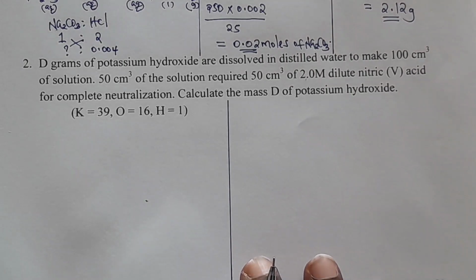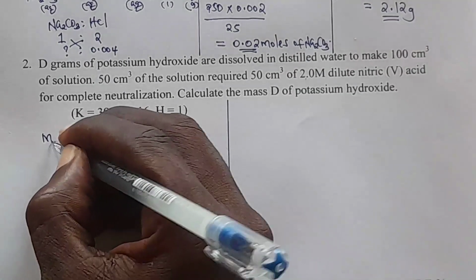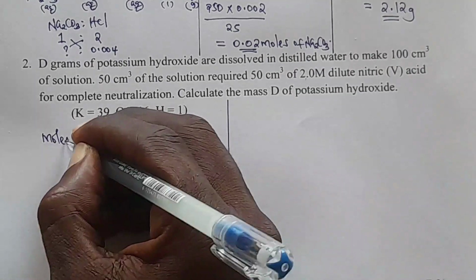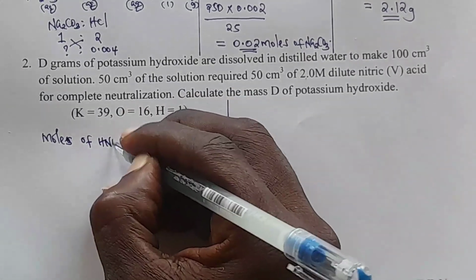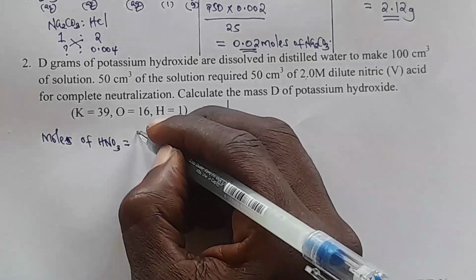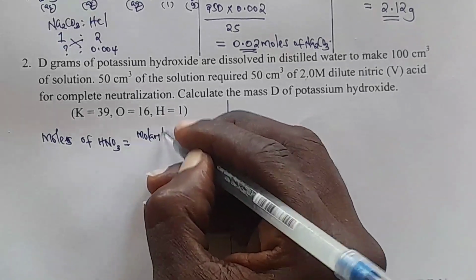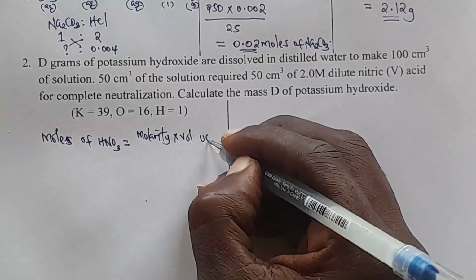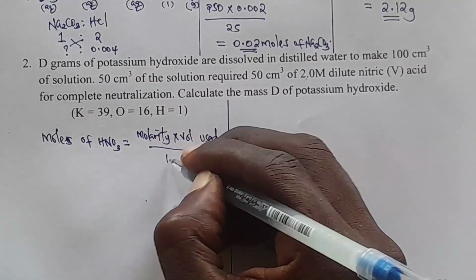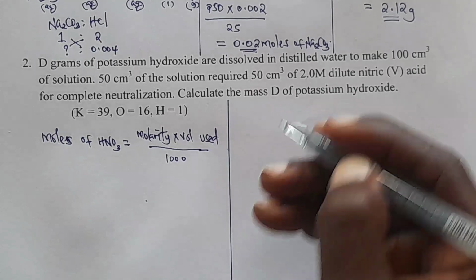So we are going to say moles of dilute nitric(V) acid is given by the formula molarity times volume used over 1000. That's the formula for calculating number of moles.